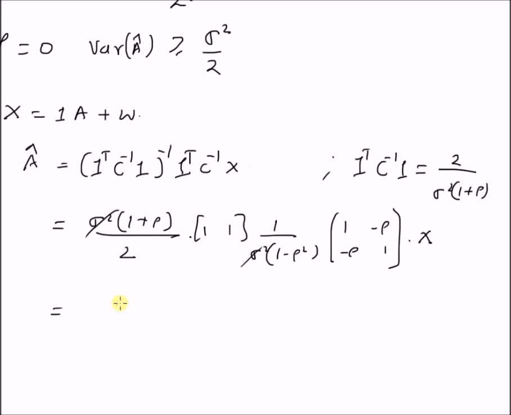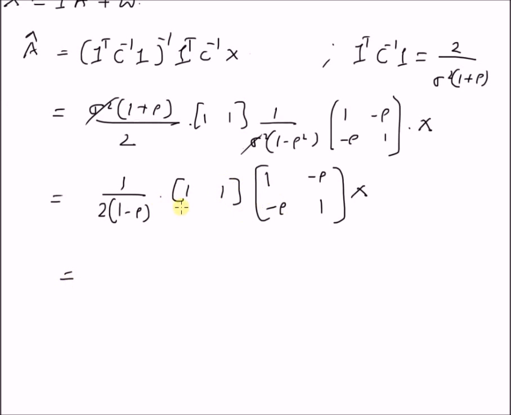So we are left with 1 by 2 times 1 minus rho multiplied by the product of the row vector of 1s with the adjoint matrix corresponding to covariance matrix C. And this product is clearly equal to 1 minus rho and 1 minus rho, that is we have 2 times 1 minus rho and 1 minus rho.